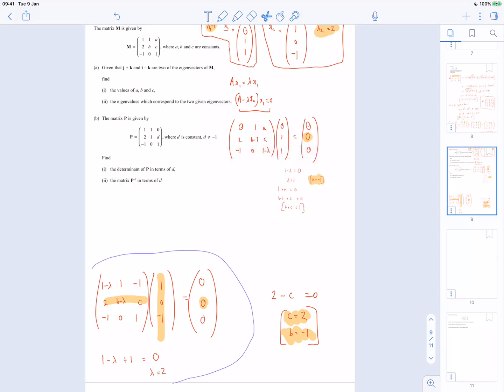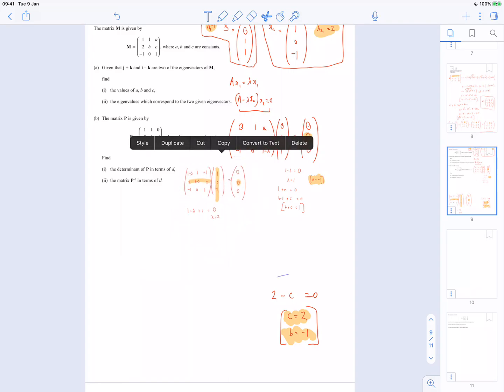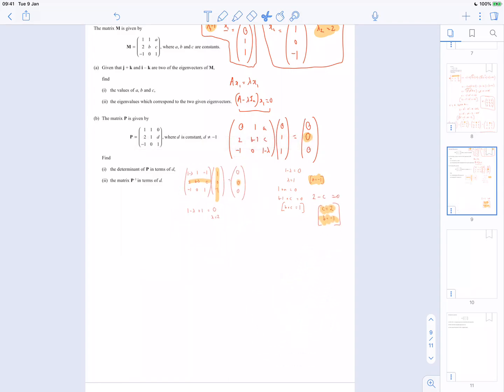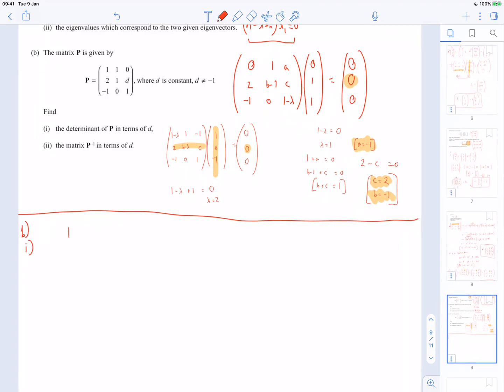This stuff can be minimized and go here. This stuff can go there. Right, so from this point onwards, this is part B. Okay, so I've got 1, 1, 0, 2, 1, D, minus 1, 0, 1.